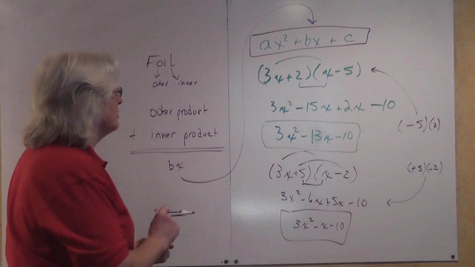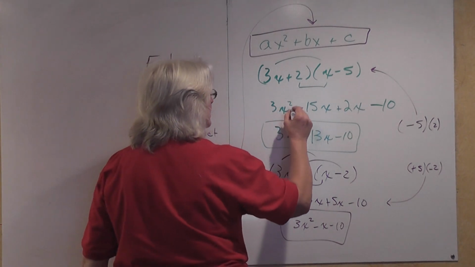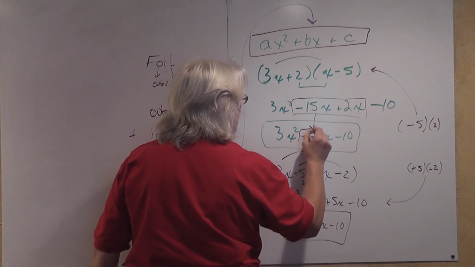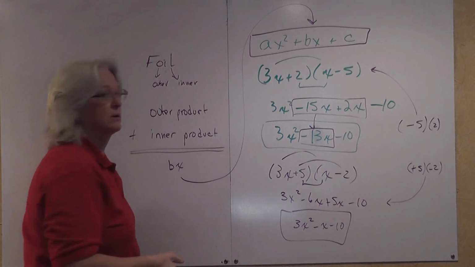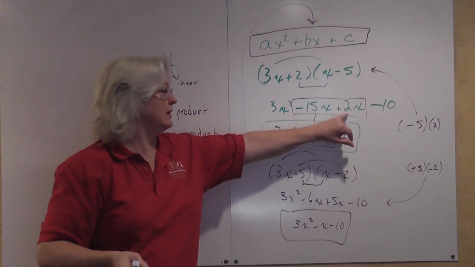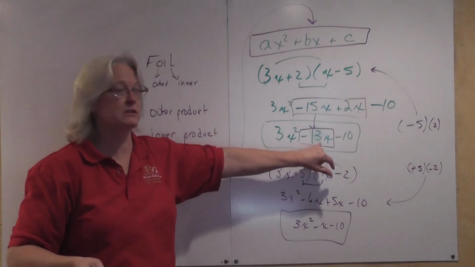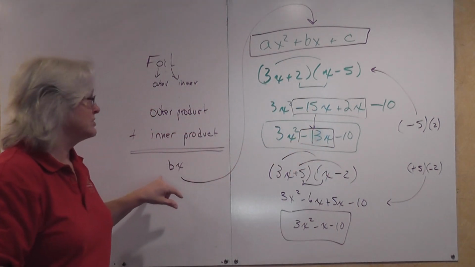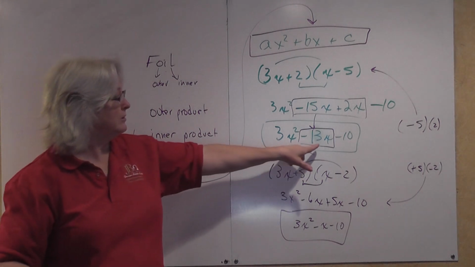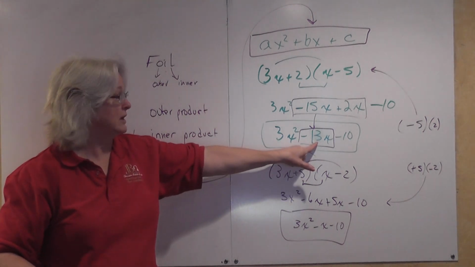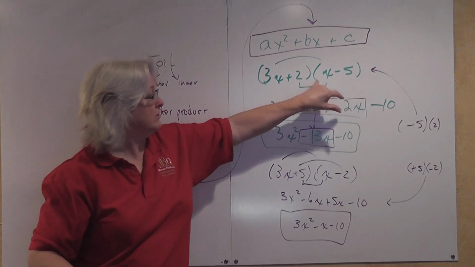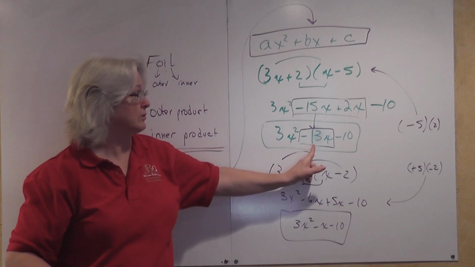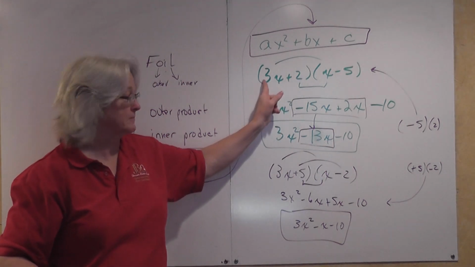You combine those together, and the sum of the outer and the inner has to equal the middle term of our trinomial, which is bx. What's our middle term here? Negative 13x. When we add the outer and the inner products together, we get a negative 13x, when it's arranged this way.